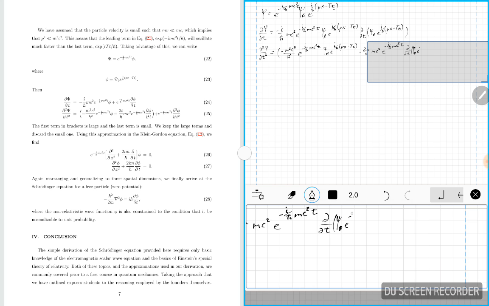I'm running out of space. i over h bar px minus T t, and then plus this. So it's just using the chain rule to get this whole thing out here. And then we have the second derivative. We will just try to scrunch it in as best we can here. That's probably why they went ahead and just shortened it up there.